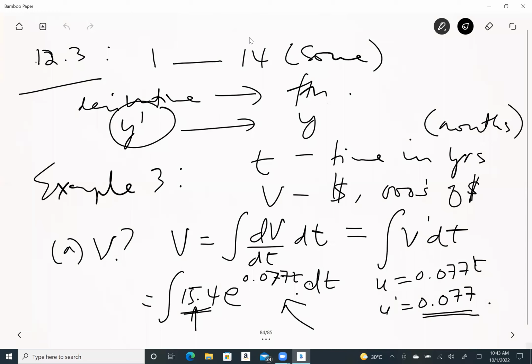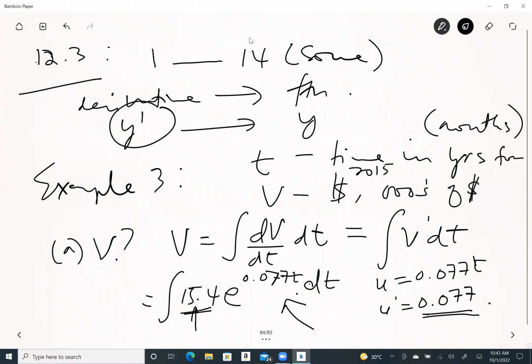Look at the time t. Now look, time t is what? In years. Now what is the beginning time? You look at the question here. T is the time in years from where? From, or since, 2015.